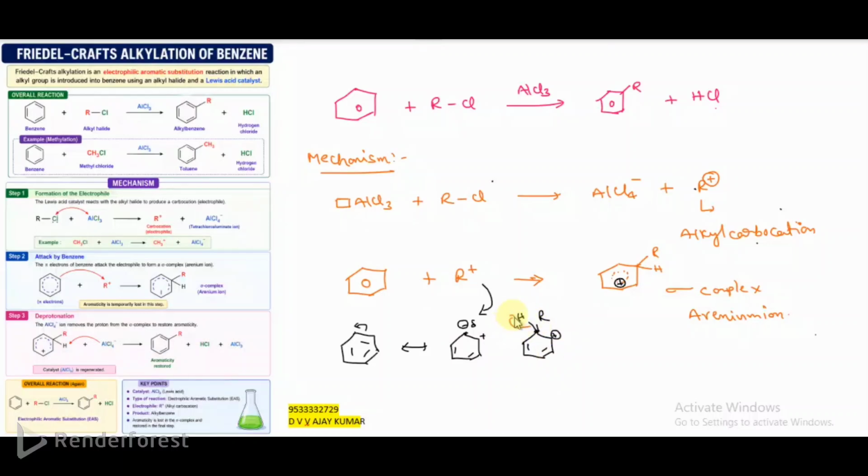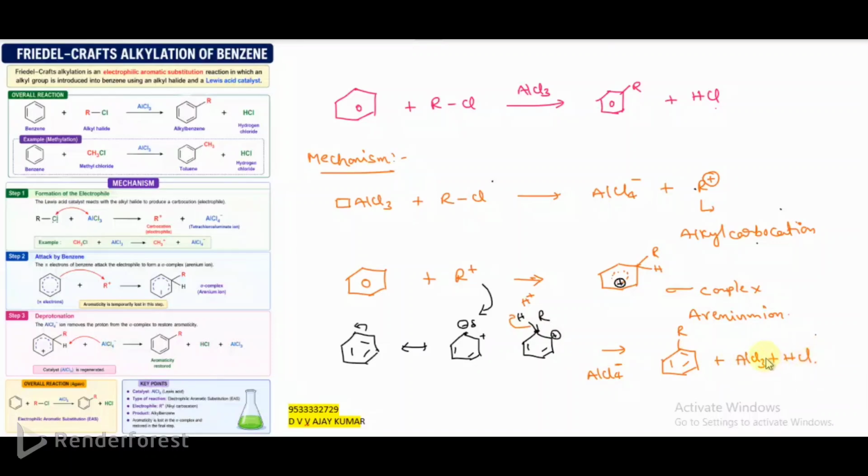This hydrogen is left as H plus, and the product is formed like this, with R here, the alkyl benzene. Why is this H left as H plus? Because the AlCl4 minus can come near to this arenium ion. This H plus is attracted by it, and then the byproducts AlCl3 and also HCl are formed.